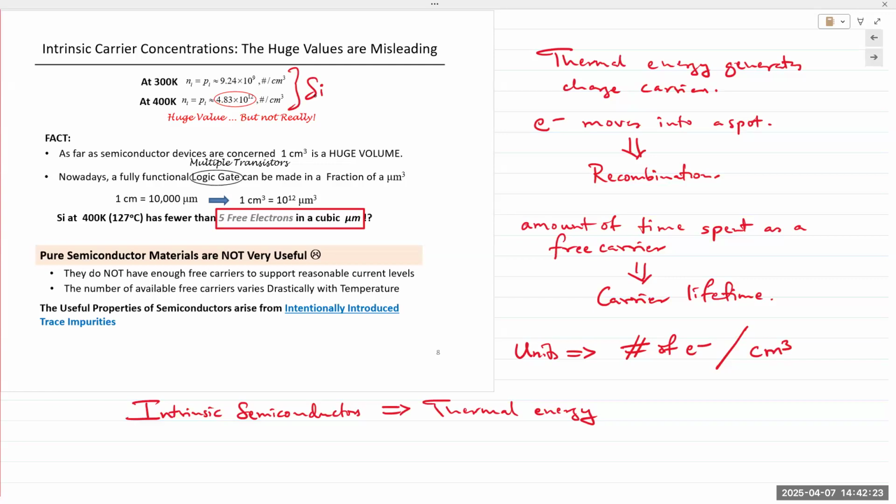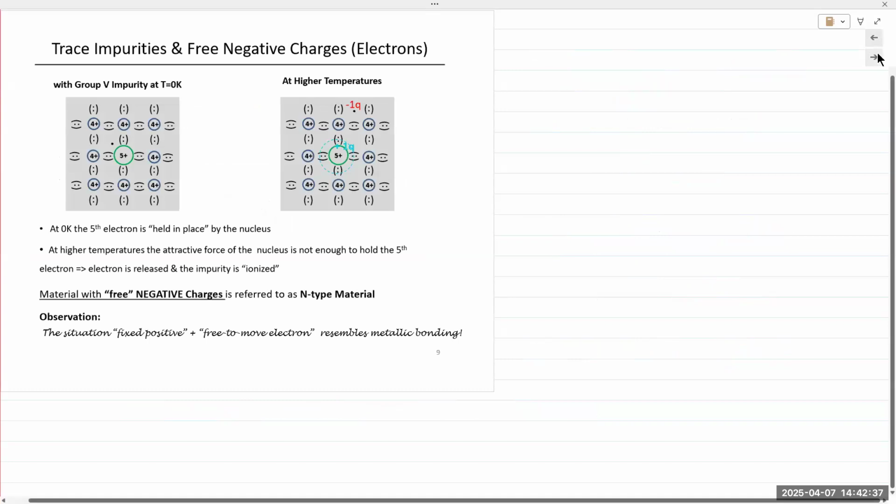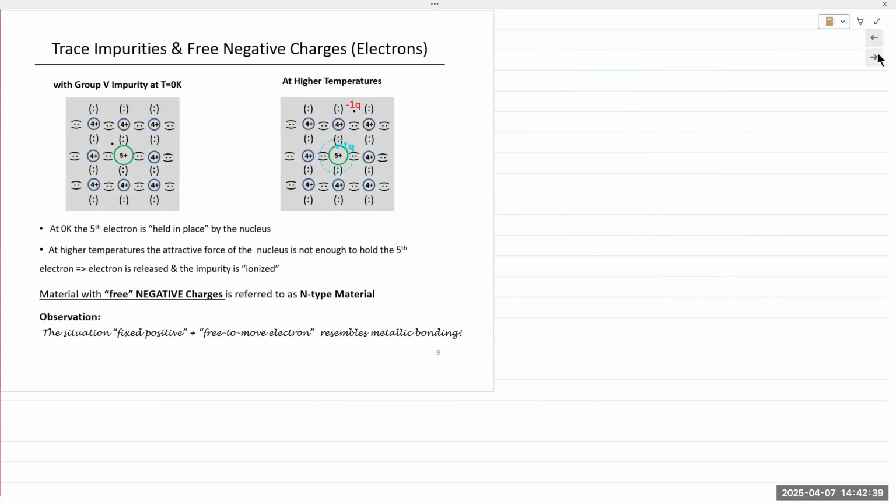That's one way. And the other way is, if you want to work at a regular room temperature, then we introduce external electrons in there. And so that's the fundamental principle of working with a semiconductor device. We take an external element, either from column 3 or column 5 of the periodic table, and we introduce it into our pure semiconductor material.